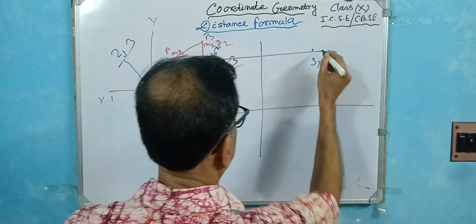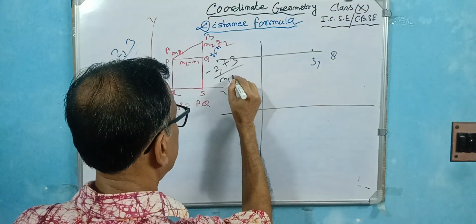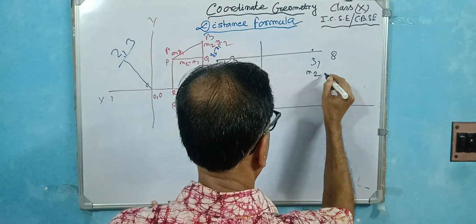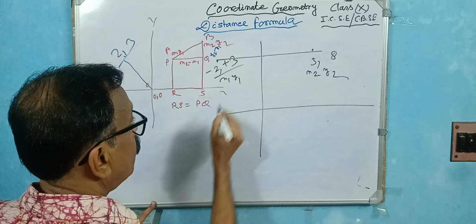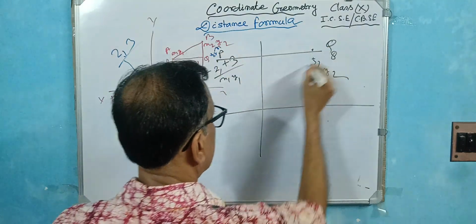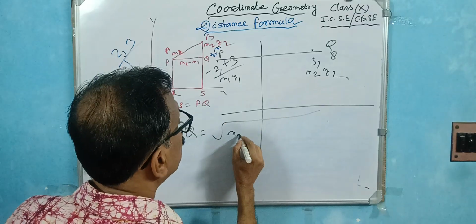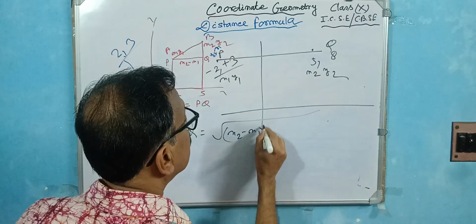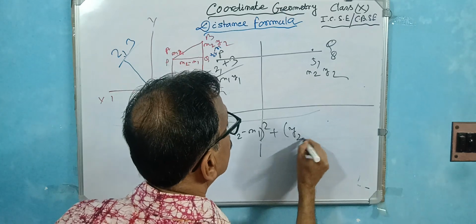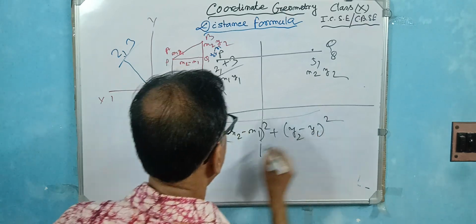So what is the distance? Just put this is (x1, y1) and this is (x2, y2). So the formula, suppose this is PQ. PQ is equal to root over of x2 minus x1 whole square plus y2 minus y1 whole square, and put the value.